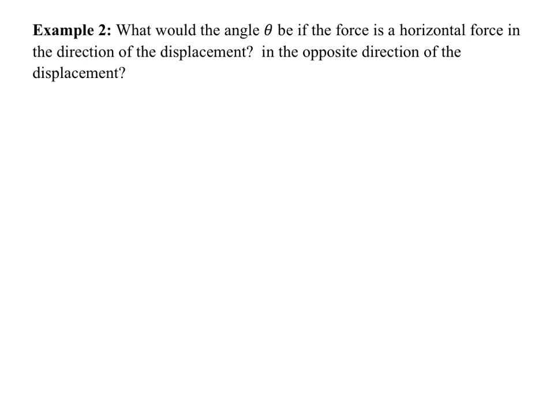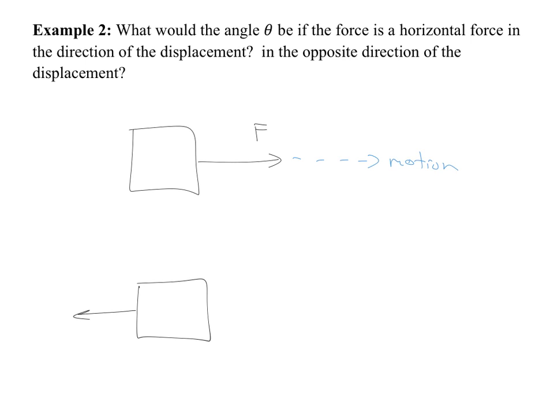So for example, if it's in the direction of displacement and the force is horizontal, it means displacement is horizontal. This is the first scenario. And the second scenario is this. The force is acting in the opposite direction of the displacement. So we've got scenario 1 and scenario 2.